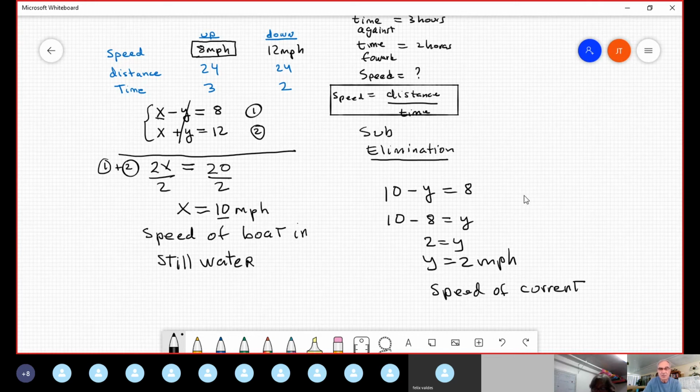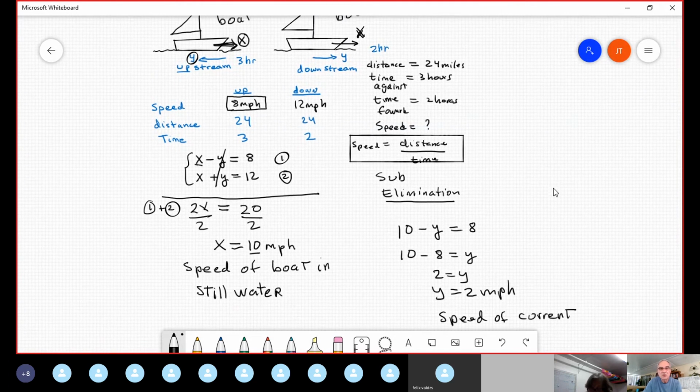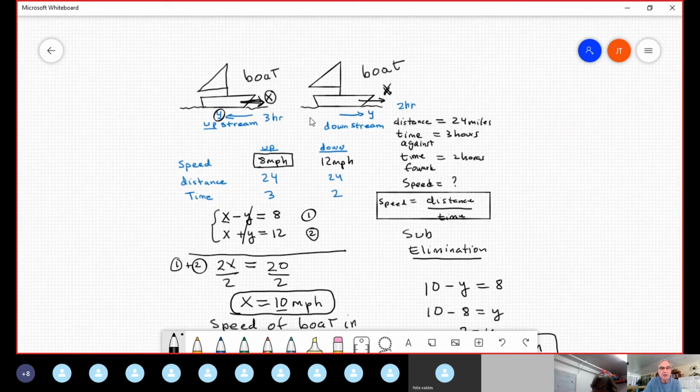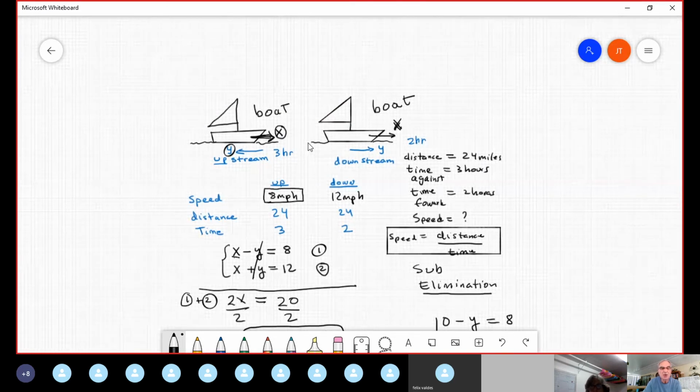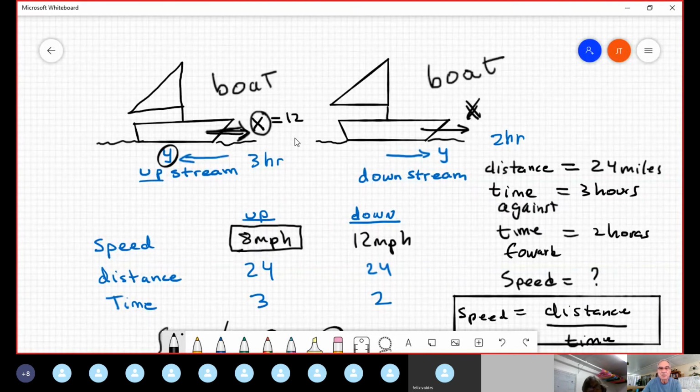Okay. And this makes sense or no? I need to interpret whether this answer is logical or illogical. 2 and 10. Look, let me show you. I come back at the beginning. I discovered using algebra that this speed was 12 and this speed was 2.